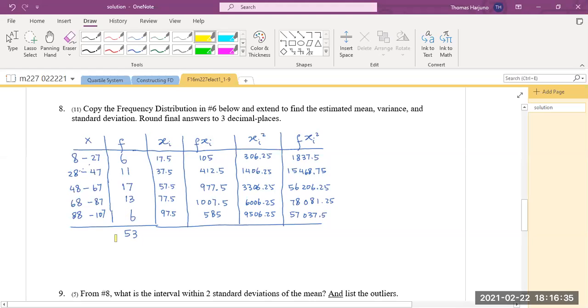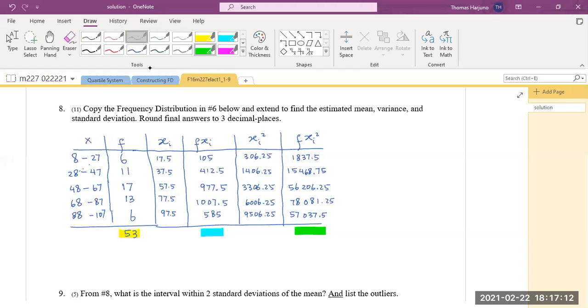Then this is our first number. I need to find the second number, the sum of fx and the sum of fx squared. Remember, we need to find the mean and the variance, standard deviation. So what I will do next is get the blue color. 105 plus 412.5 plus 977.5 plus 1007.5 plus 585.